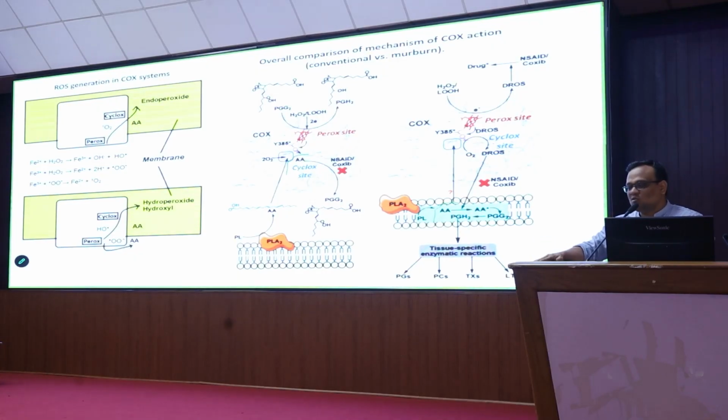We say that all the NSAIDs you can see here on the right, they can mess with the ROS which is available, rather than having this thing going in and then something coming out and getting converted into something else. We are saying that it's a very simple thing: ROS which is there comes out into the lipid and it can convert. So that is what these equations are saying.